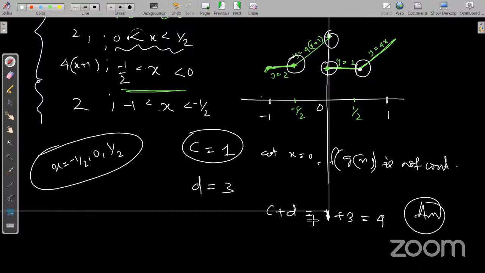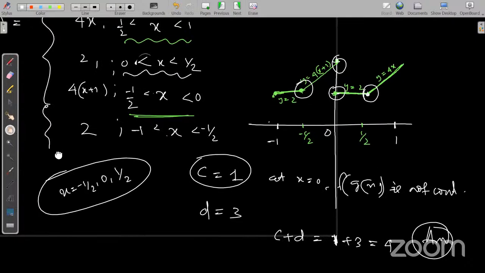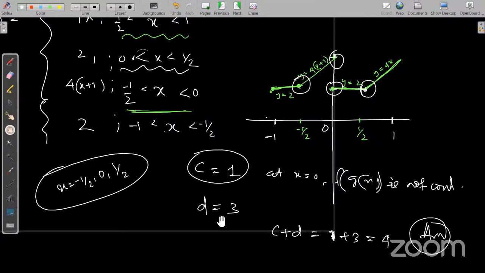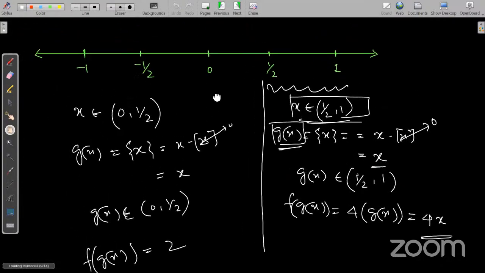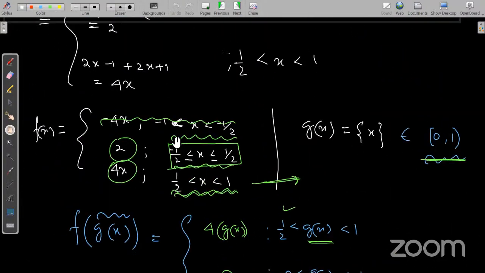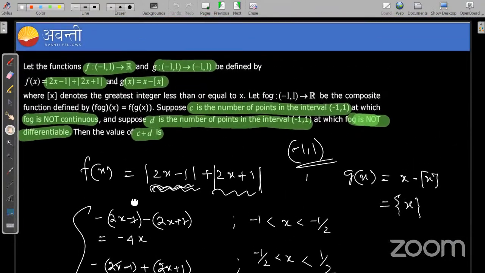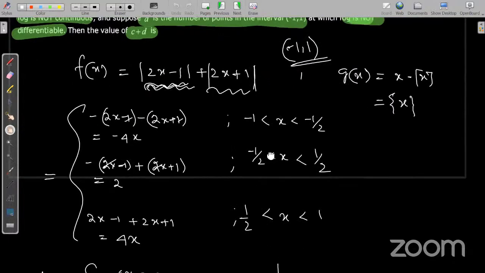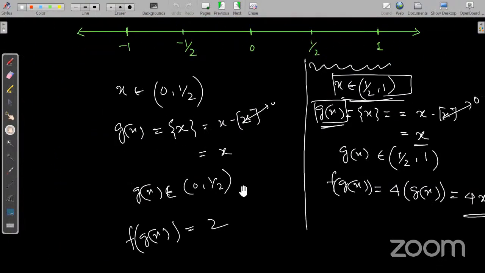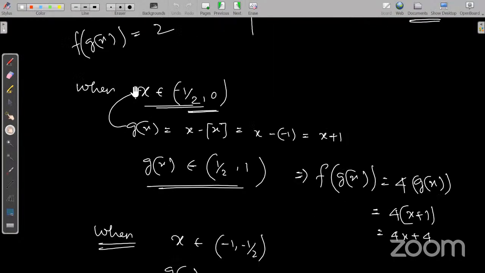Clear? Very lengthy question. Did you understand? Any doubts in this? If you have doubts, try again. You have to define the function completely. Understanding the function is what is important. Okay? Any doubt, you can ask quickly, time is up. Any doubt you are having? Okay, no one. In this way, you have to find the function, then you need to draw the graph.